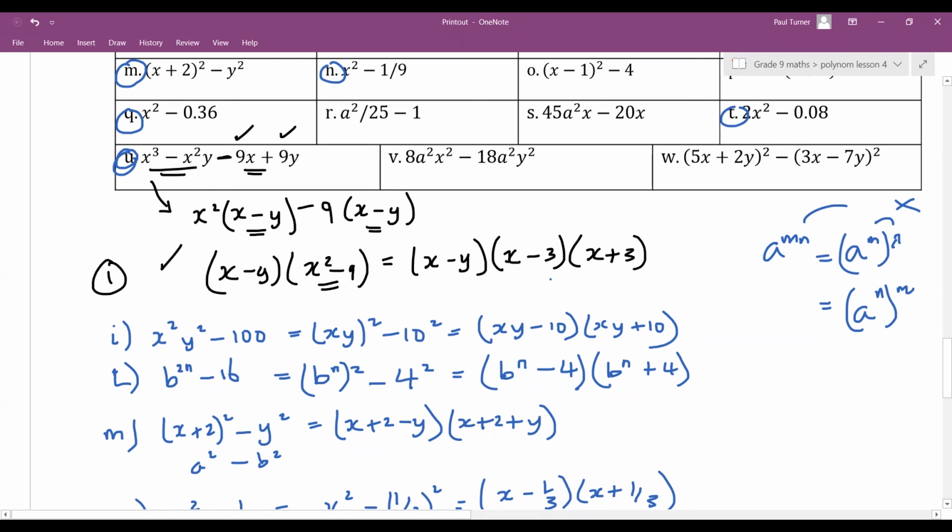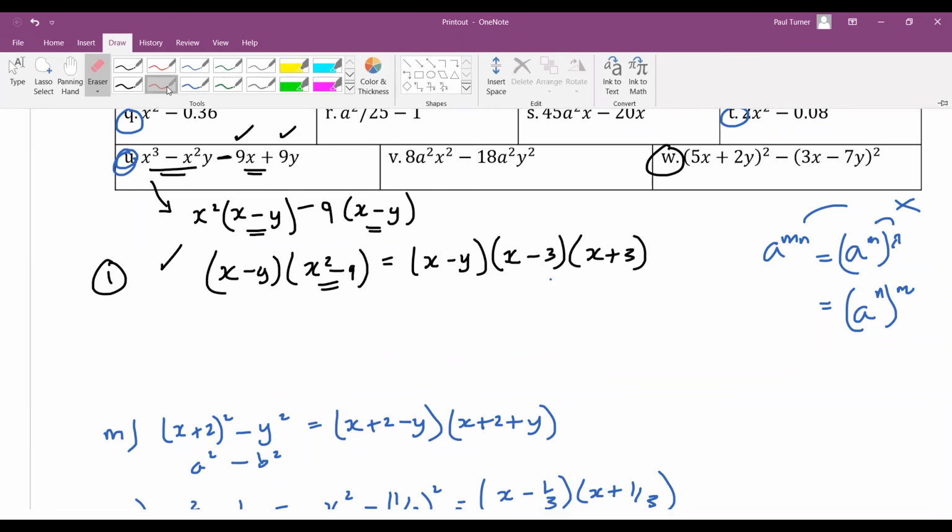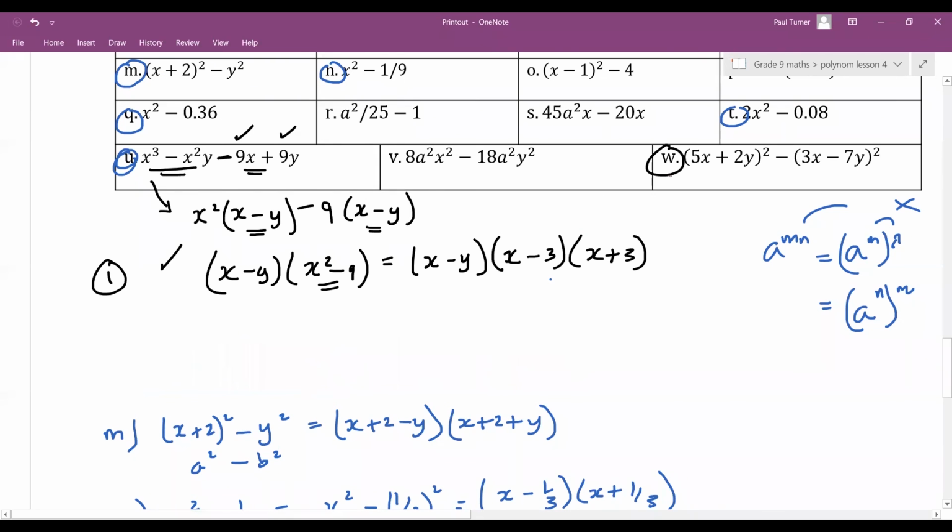Like that there. So in question W, you already see this is in the form a squared minus b squared. Okay, so we'll just write that down. You've got 5x plus 2y, but then you need to subtract this, 3x minus 7y. I'll keep that in a bracket, and when you're subtracting, you need to use a bracket here.